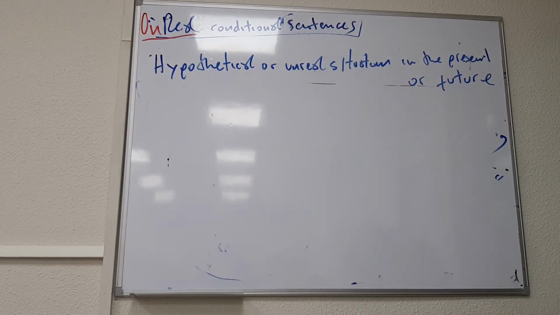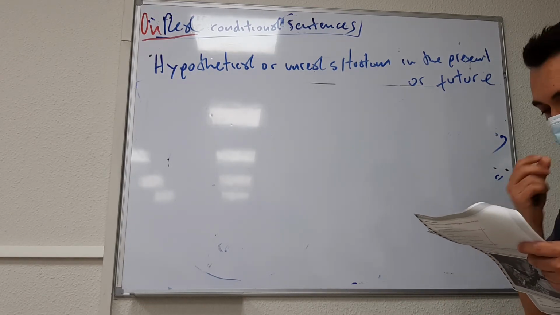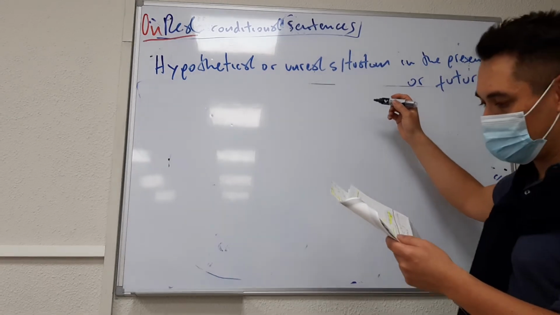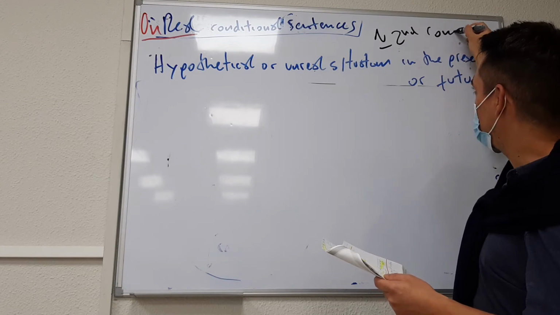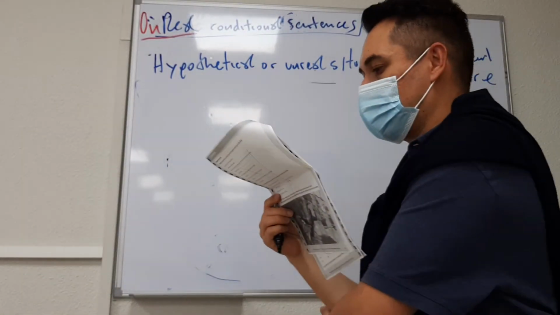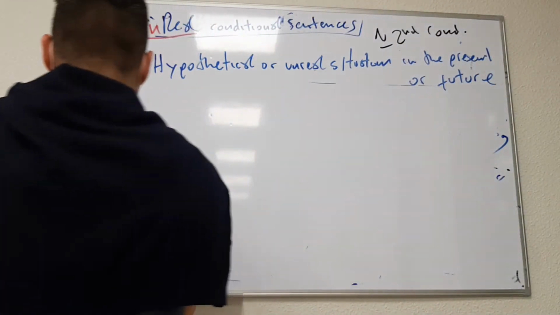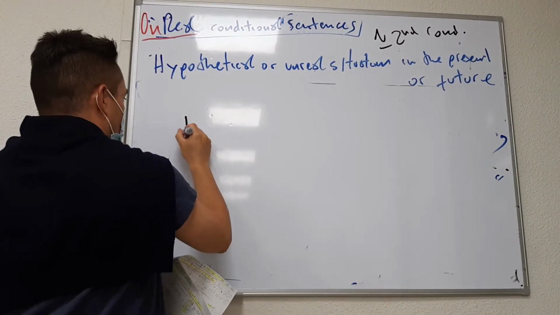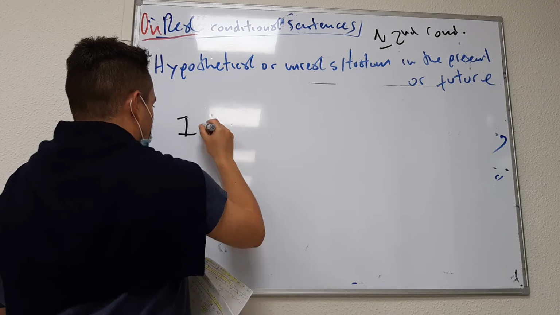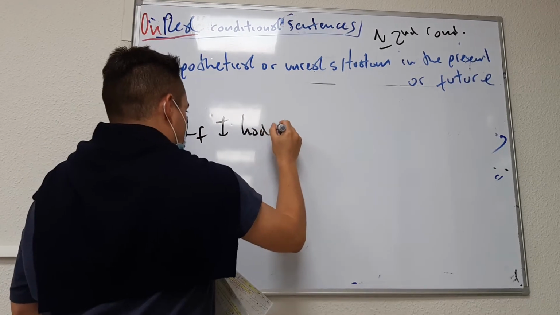Okay, the classic second conditional, you can also call it second conditional, yeah? The typical second conditional would be, if I had the money, I would buy that car. This is what we already know.